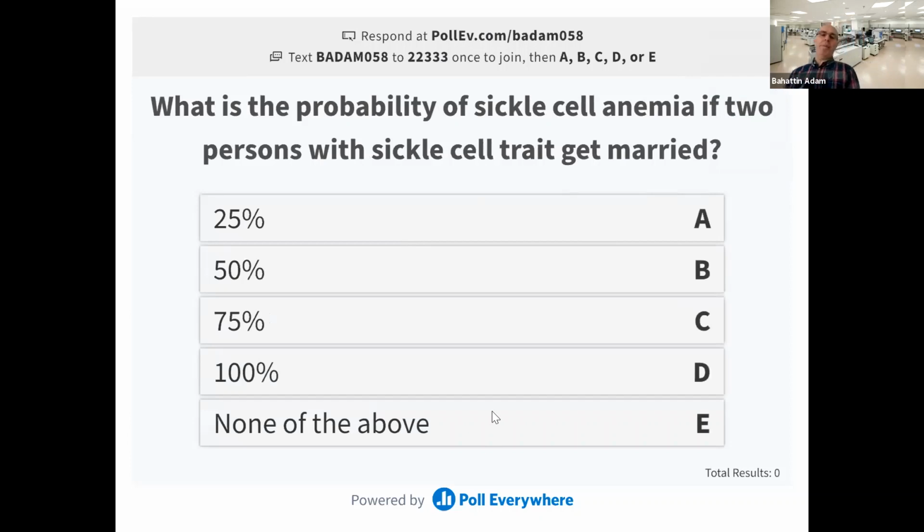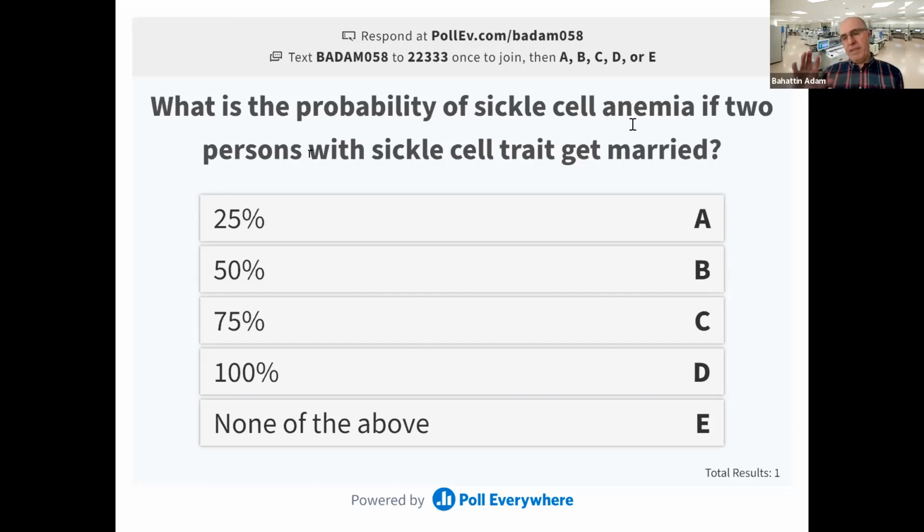Now, what is the probability of sickle cell anemia if two persons with sickle cell trait get married? I may change this question to ask you if two sickle cell patients get married, maybe. The probability of sickle cell anemia.